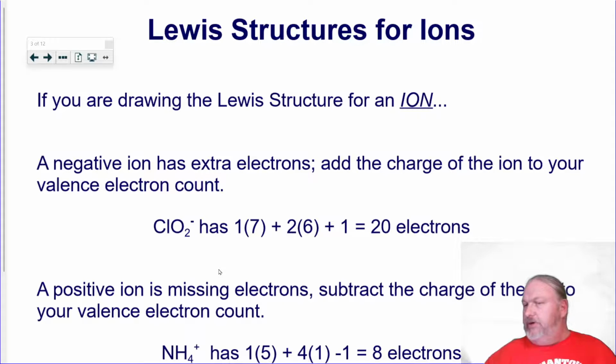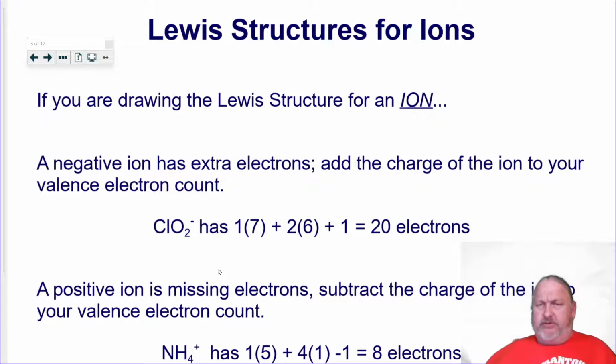It gets that charge by either losing or gaining electrons. If we have a negative ion, that means it has extra electrons beyond what it was supposed to have according to its valence. So we take the normal valence from the periodic table, and then add the number of electrons needed to get the charge balance for that polyatomic ion.